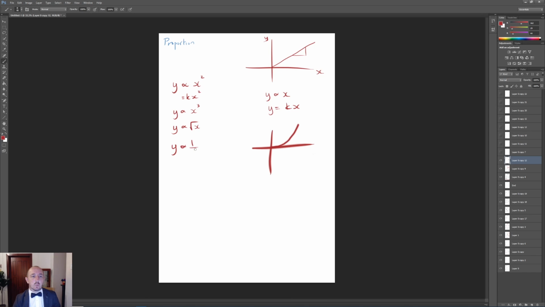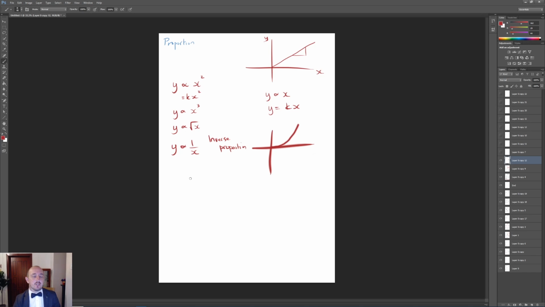Okay, so 1 over x, we call that an inverse proportion. So if they mention the word inverse proportion, then it will be proportional to 1 over. So it might say it's inversely proportional to the square of x, so 1 over x squared, or it's inversely proportional to the square root of x, so it's 1 over root x.